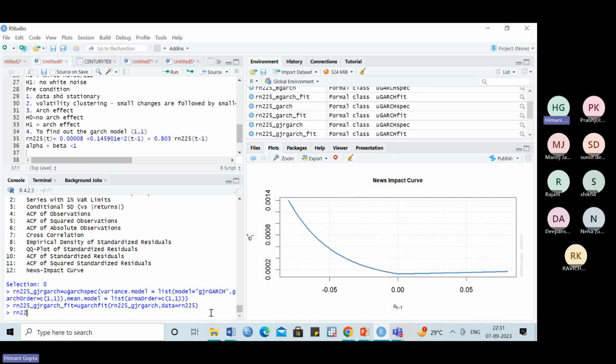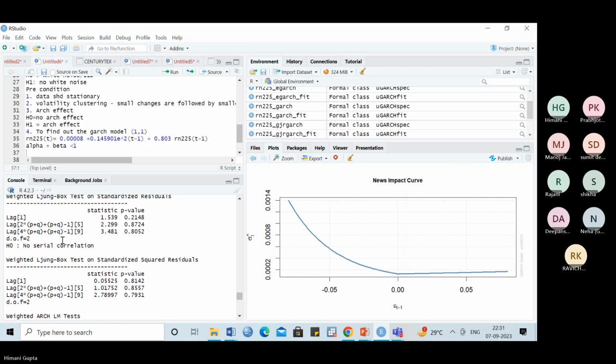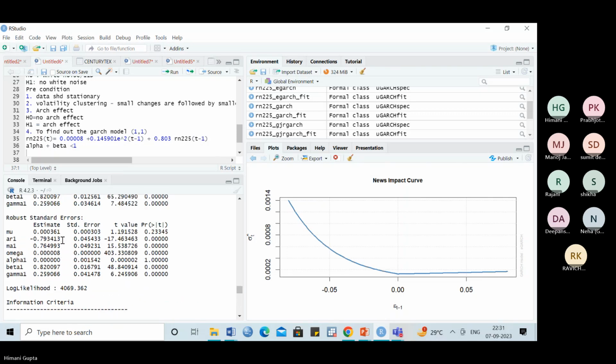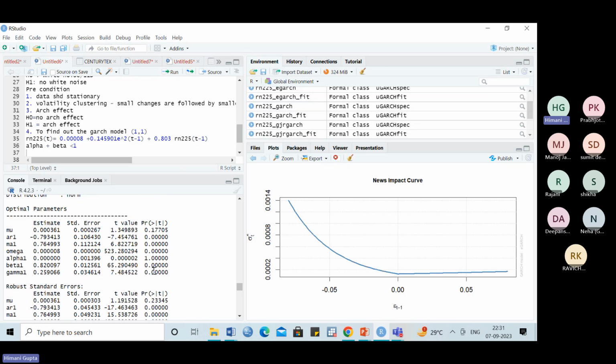And RN225 underscore GJR GARCH fit. Now, these are your results. All your results are significant. Now, over here, you will see that your alpha is not significant. Alpha estimate is 0 and it's not significant over here. Your beta is significant, your gamma is significant, and plus one more thing.